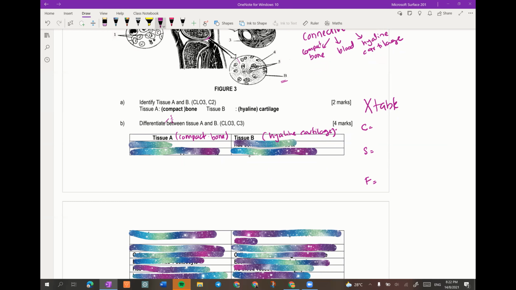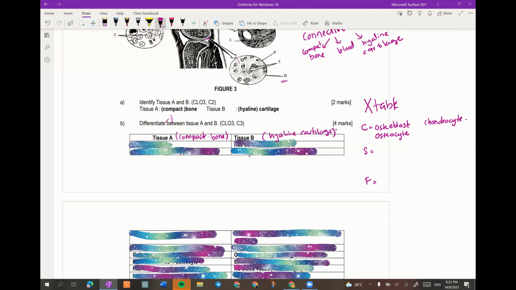Untuk a cell compact bone, kita tahu nama dia adalah osteoblast, kalau dia tak matured lagi, and then kalau dah matured dipanggil sebagai osteocyte. Okay, ini pun satu perbezaan sebab yang B ni, hyaline cartilage, dia punya sel dipanggil sebagai chondrocyte. Okay. So, knowing that, kita boleh tahu dia punya function pun berbeza.